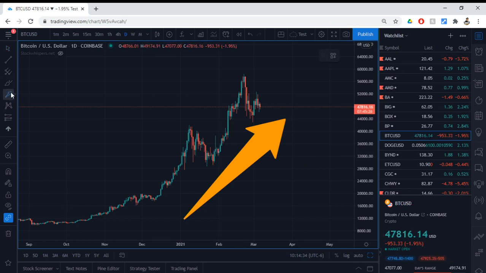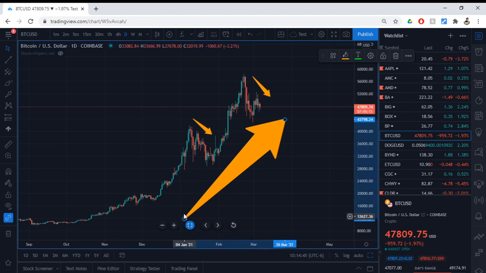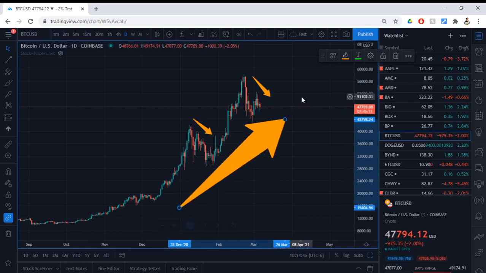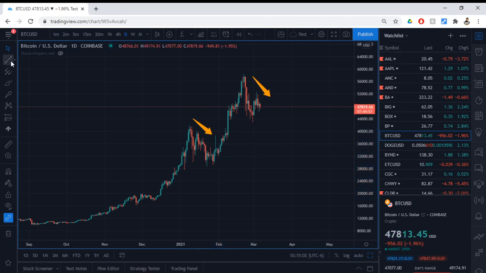Now, this is not to say that you can't trade it to the short side and still make money. You can. However, you need to understand that you're trading against the main trend. So if the main trend is up, you should be taking long positions because they will work much better than taking short positions.